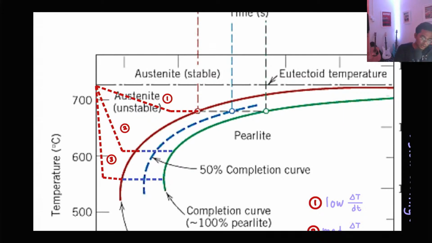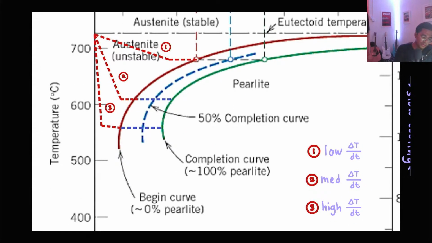If we were to cool it down faster, it will go down and hit the curve at a lower point. So it will hit the curve here. And if we cool it down even faster, it will hit the curve lower.